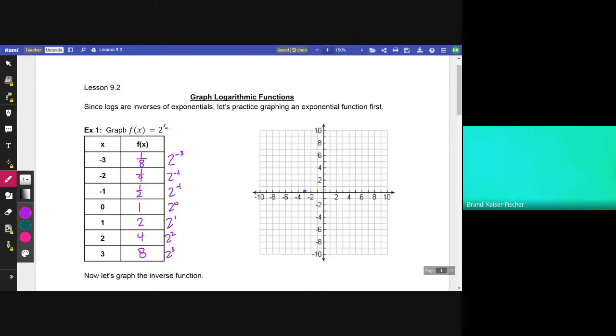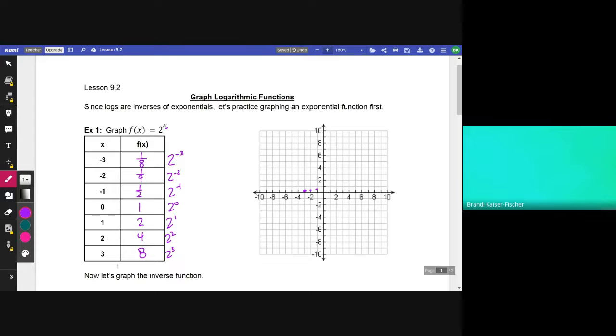For negative 2 and 1/4, negative 2 up maybe just a little bit, but barely. And the next one, negative 1 and 1/2. So negative 1, 1/2 is a little easier to manage. It should be in the very middle of the x-axis and the 1 on the grid line.